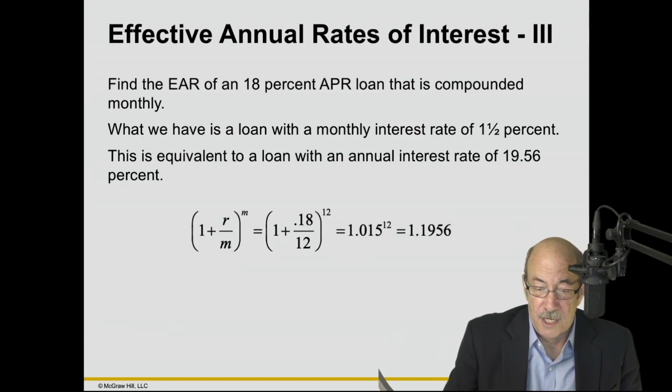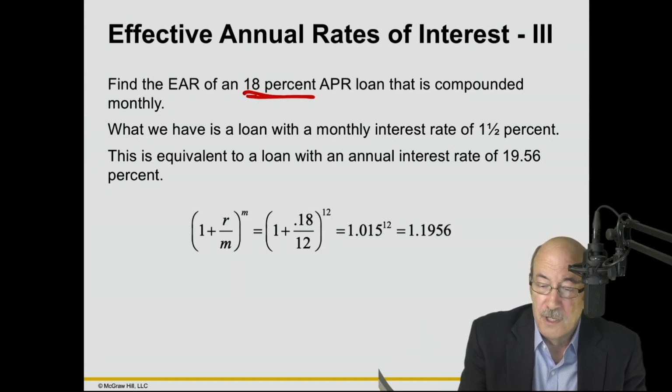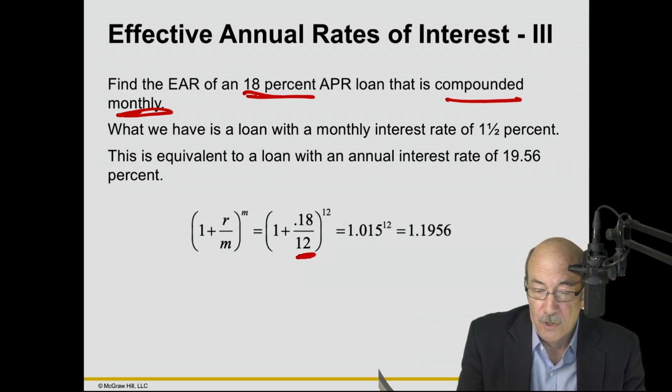Here, let's see. This is on a monthly basis. Same idea. We've got an 18% rate, but we're compounding monthly. So we divide the rate by 12 because there are 12 months in a year. We multiply the year, and here we're just assuming 1 year, by 12 because there are 12 months in a year.